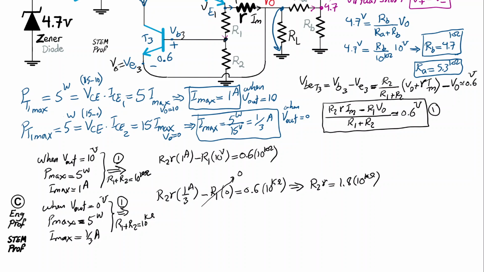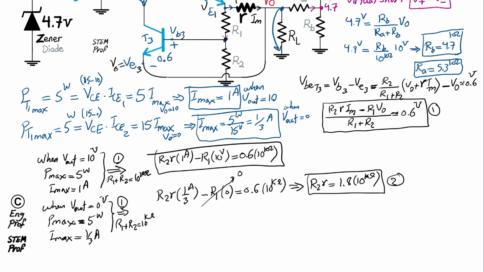What I'm going to do now is substitute. So this is equation 2. I'm going to substitute for these 2 values in equation 3. So let's refer to this as equation 3. Using the outcome from equation 2, I get 1.8 times 10K minus R1 times 10 volt is equal to 0.6 times 10K.